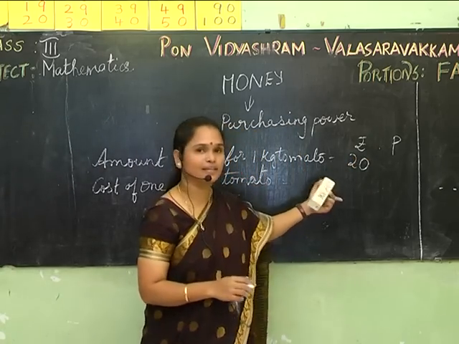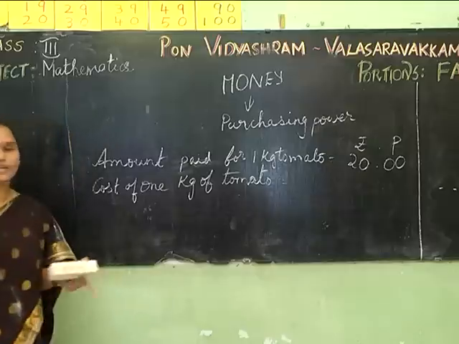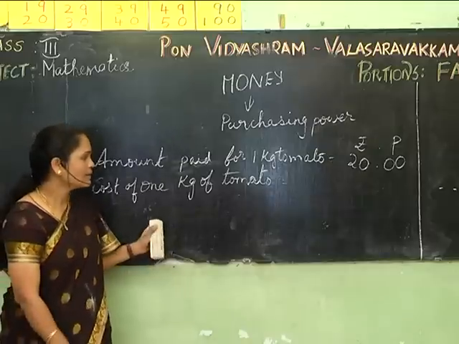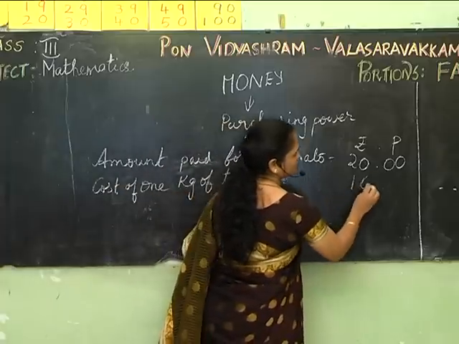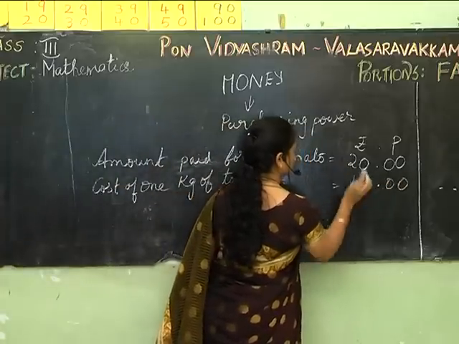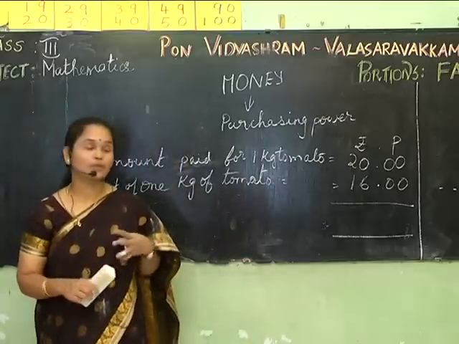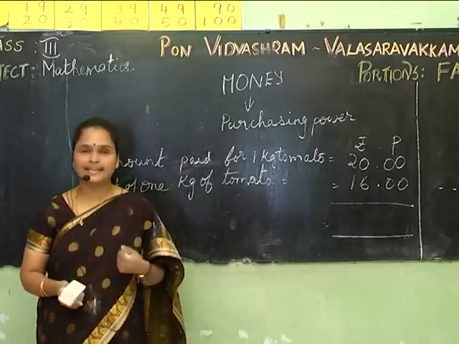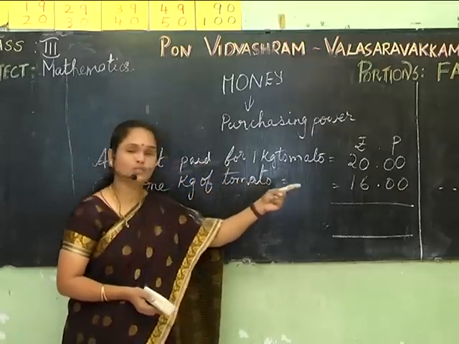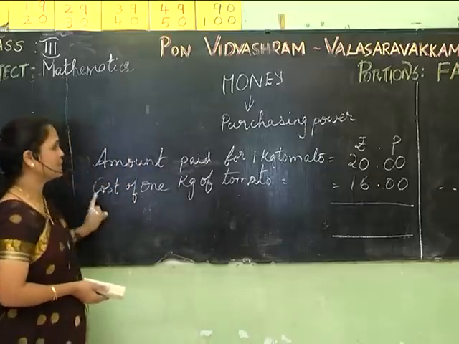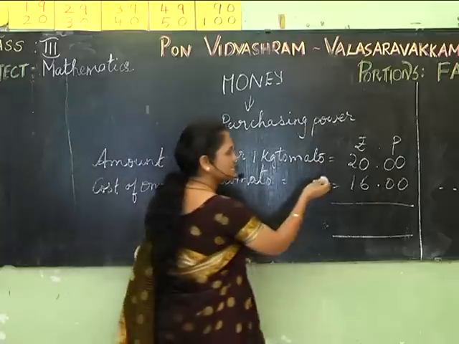Is there any paisa here? No, always indicate with a 0. Now, your mummy wants to buy 1 kg of tomato. The cost of 1 kg tomato is 16 rupees. Okay, now what do you have to do? Children, once you read the sum, you should be able to know whether it's an addition or subtraction. The amount paid to the shopkeeper is 20 rupees, but the cost of 1 kg of tomato is 16. So you have to subtract.